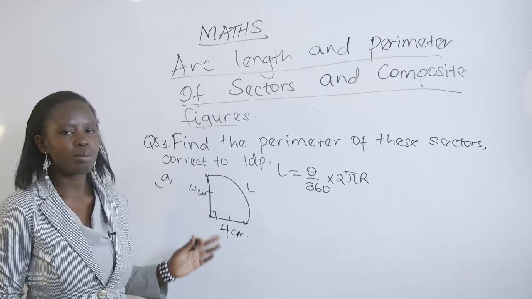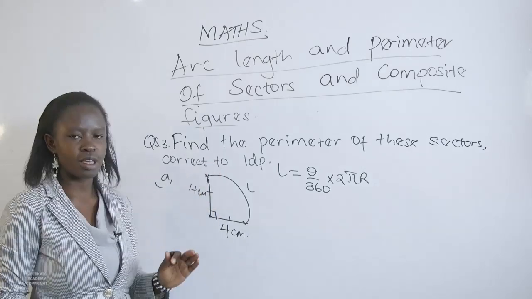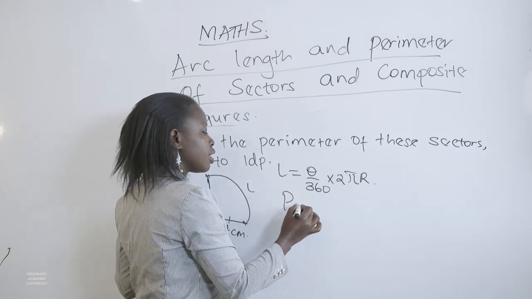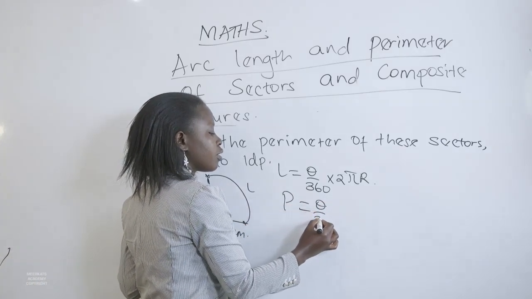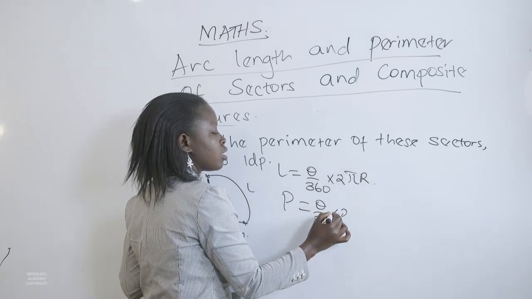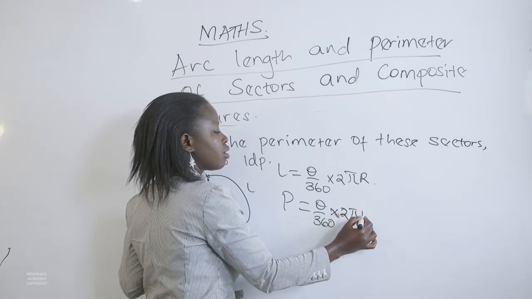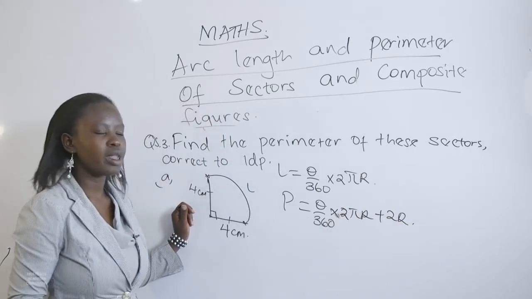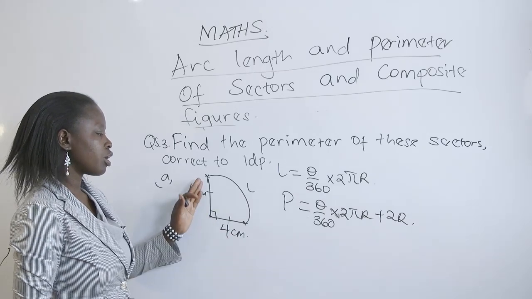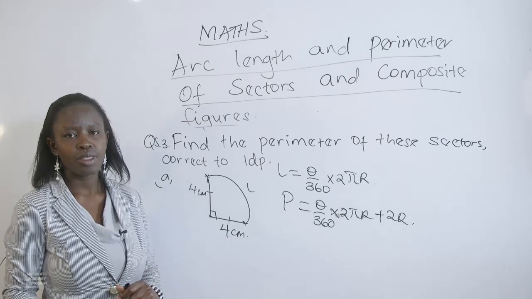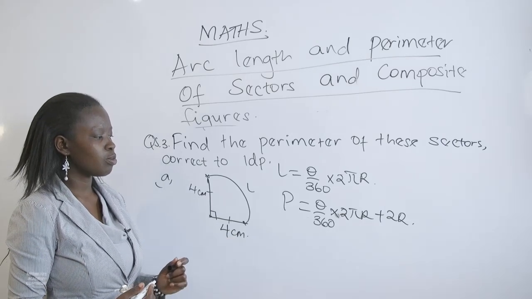We need to get the perimeter of the sector. So to get the perimeter of this given sector, we have theta over 360 times 2 pi r, then plus the 2 radii that we have.